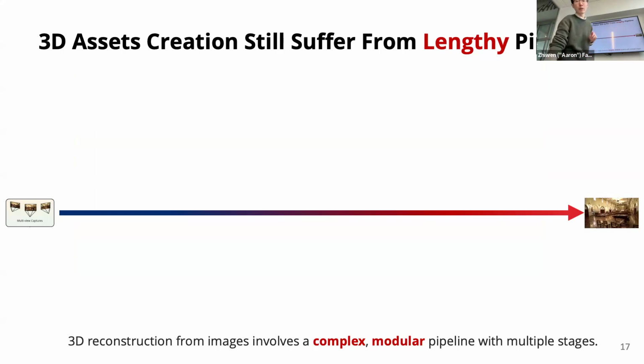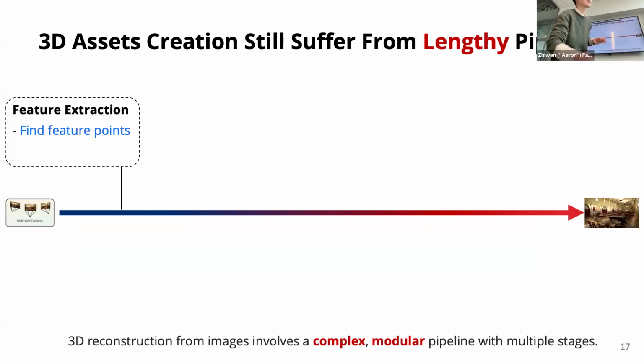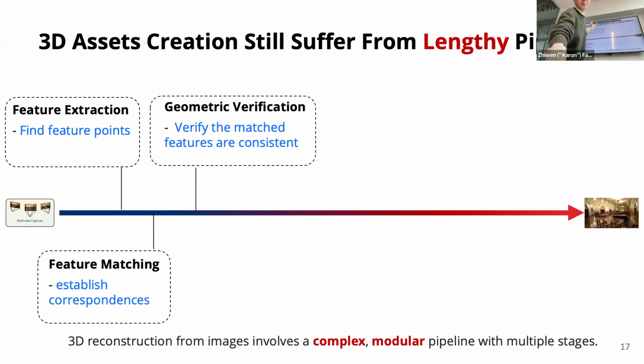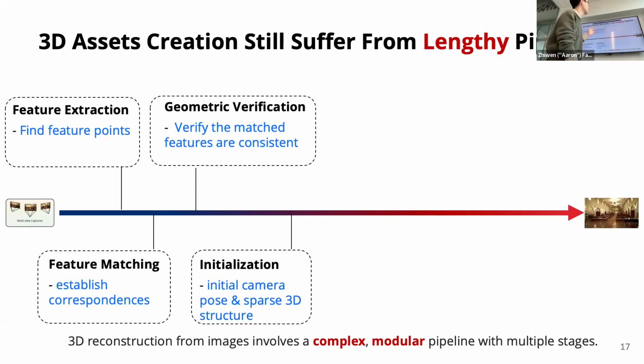But still, if we review the entire 3D reconstruction pipeline, it's quite lengthy and it's a modular processing. So given input images, we first do feature extraction and we match these features, and we do the geometric verification to find which is inlier and which is outlier. And then we will do the geometric initialization to initialize the entire thing.